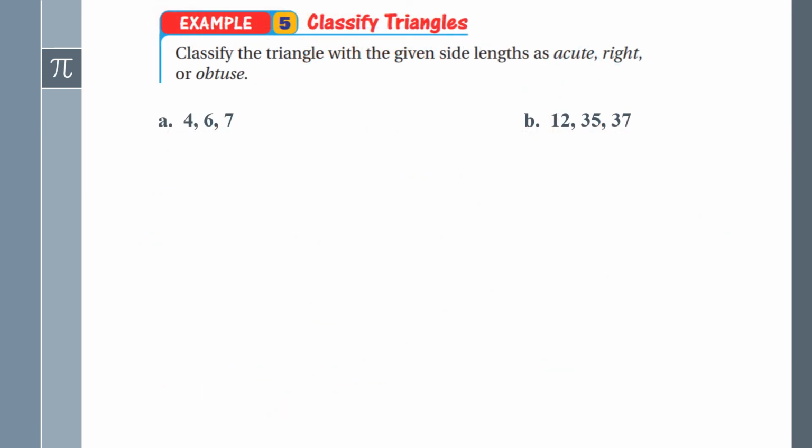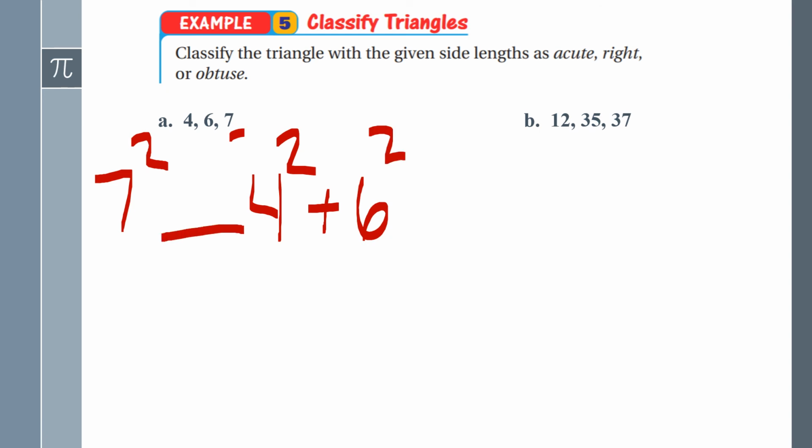Now we're going to look at 2 more, and hopefully by then you'll have it. The longest side is 7. So we're going to take 7 and square it. Take 4, square it, and then add that to 6 squared.